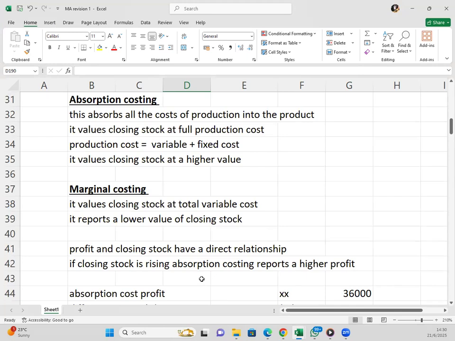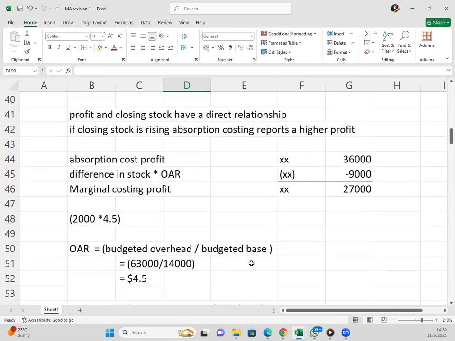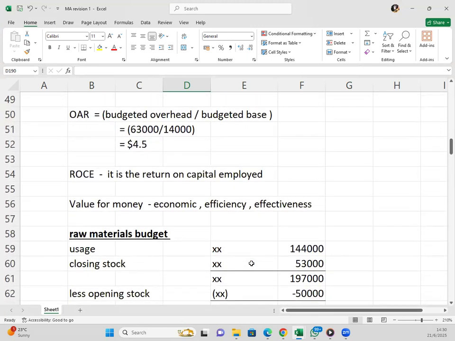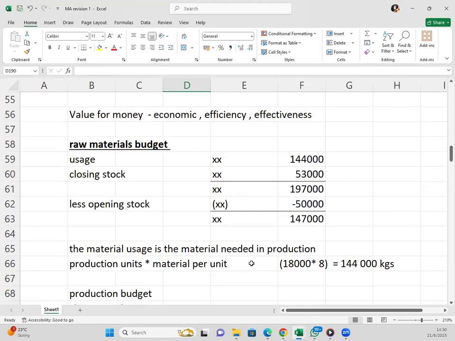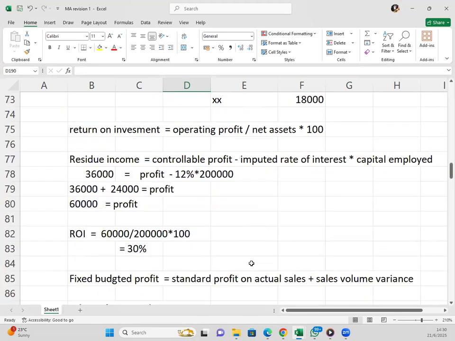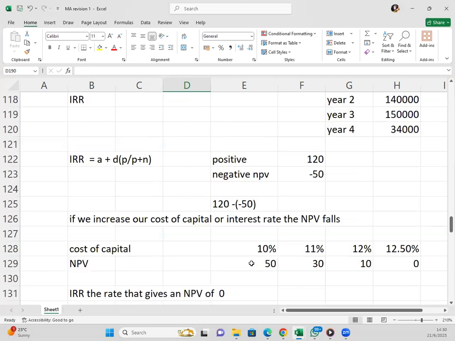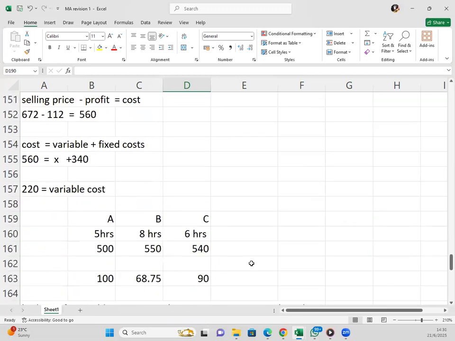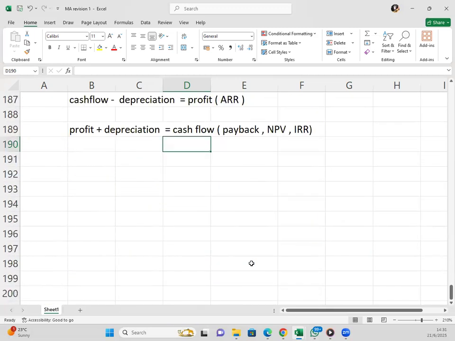So if the closing stock is higher than opening, absorption costing reports a higher profit. Then it's vice versa if it's falling.